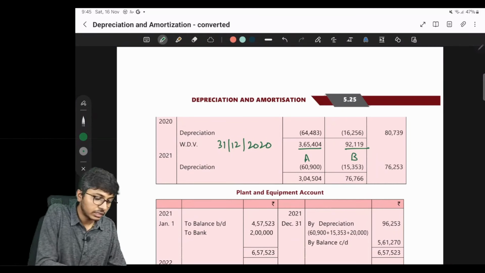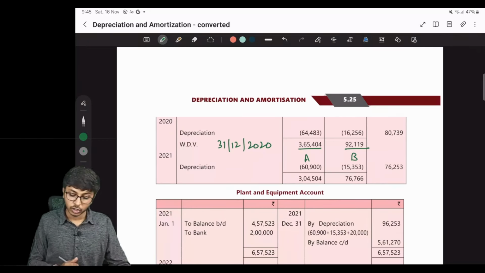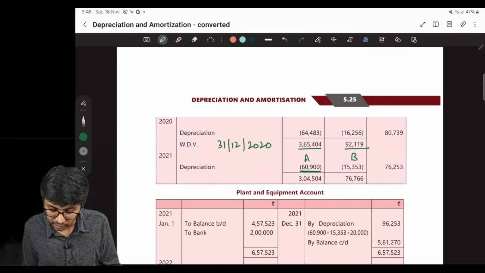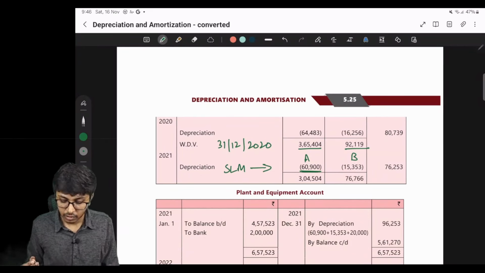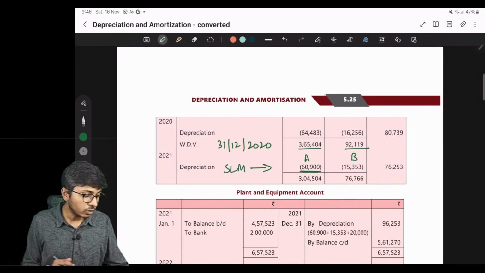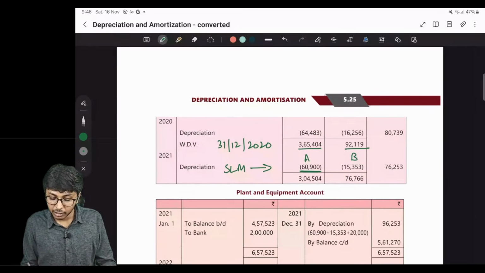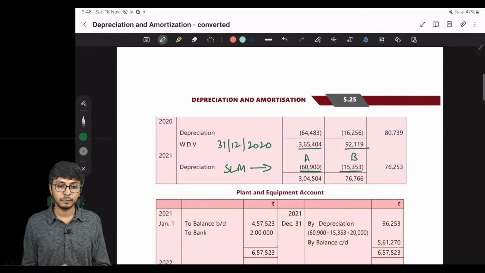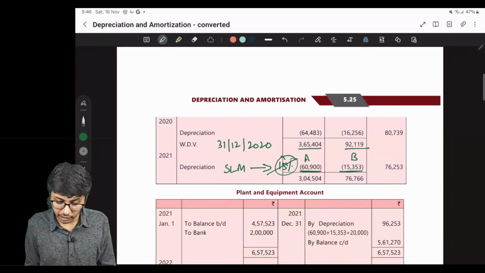So the WDV of 3,65,404 divided by 6 years gives 60,900 as the SLM depreciation. This 92,119, if you divide by 6, gives an SLM depreciation of 15,353. So this is not 15%, this is divided by 6.